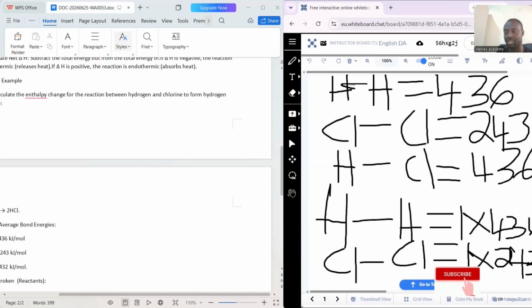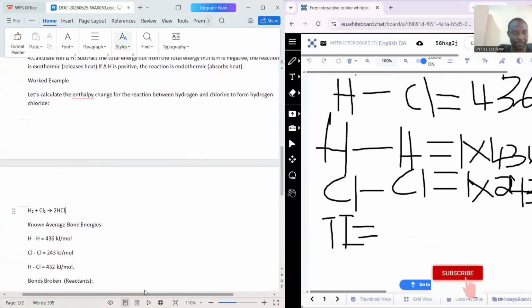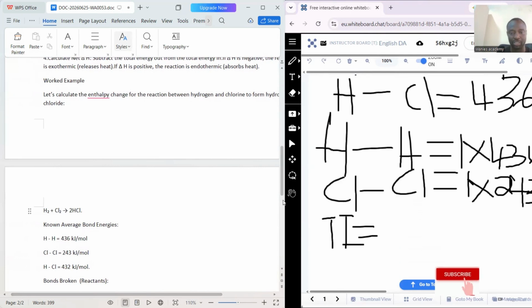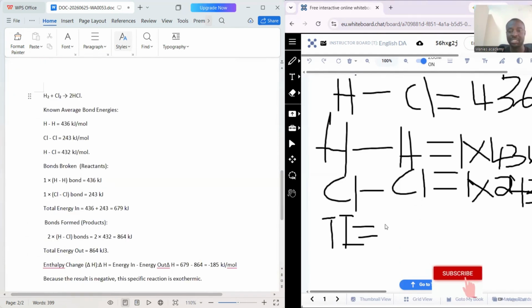So that will be 436 plus 243. Let me call the total energy input TI, for the breaking of the bonds.